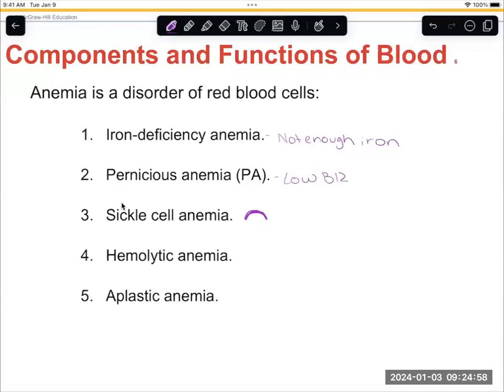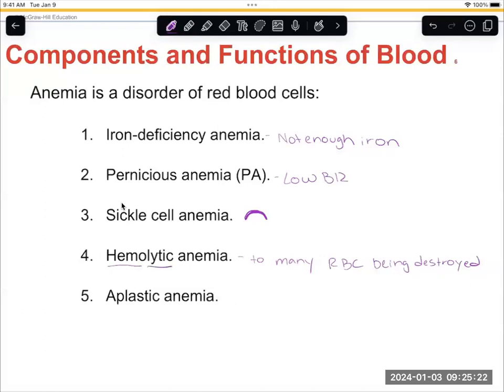Hemolytic anemia has to do with too many of those red blood cells being destroyed. Heme means those red blood cells.